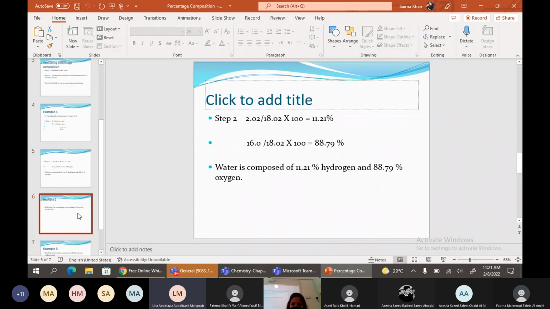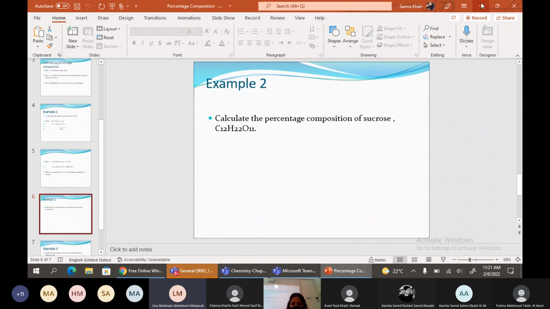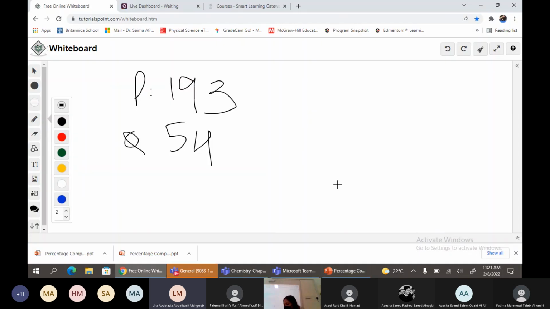Finished? Okay, what are your answers? Very good. So Asil told us she calculated for this question. For hydrogen, she found 3.08%. Yes, correct.